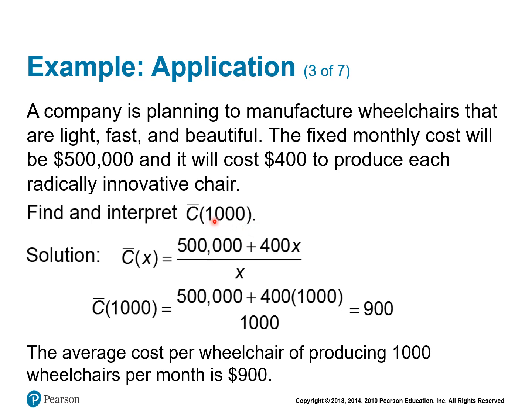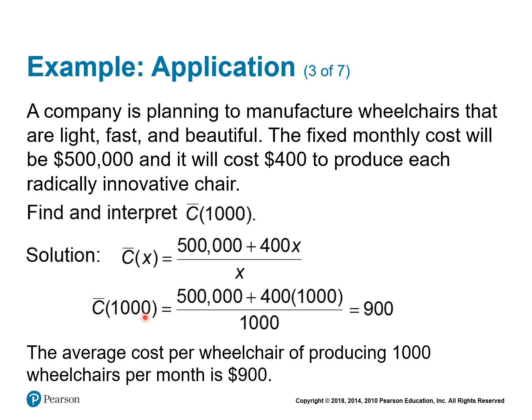So all we have to do in this case is take the equation of the average cost function and substitute 1,000 into x and evaluate the function. So average cost, which is C bar, C bar is the common way to read this.